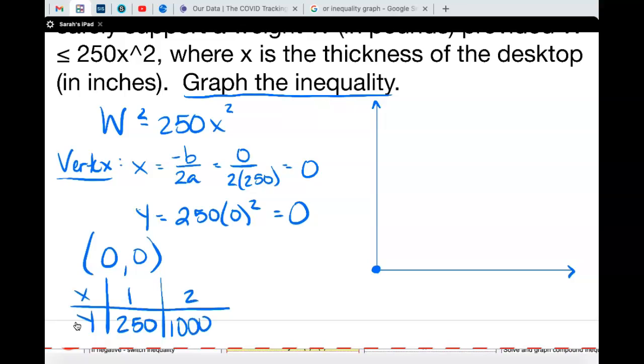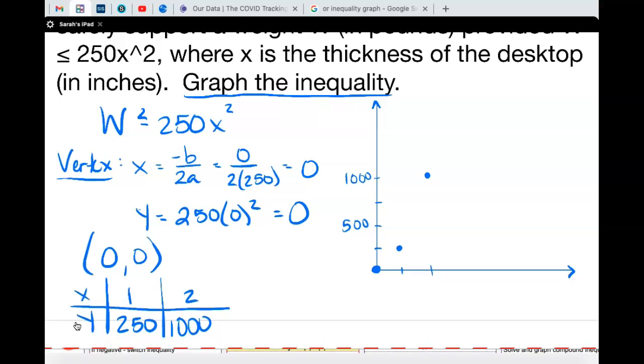So my y-axis is increasing by a lot. I'm just going to count by 250s. That seems good enough. So the x-axis is still counting by 1s because we're not going up by very much here. Okay.